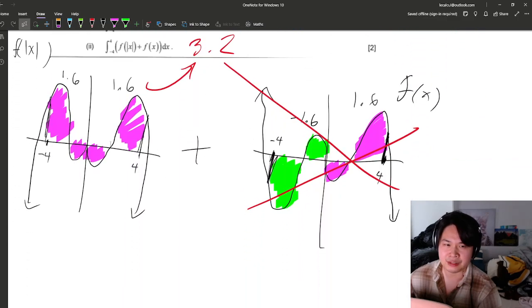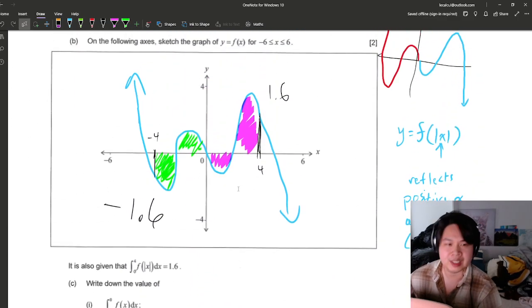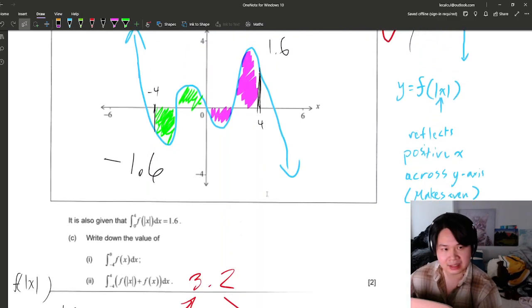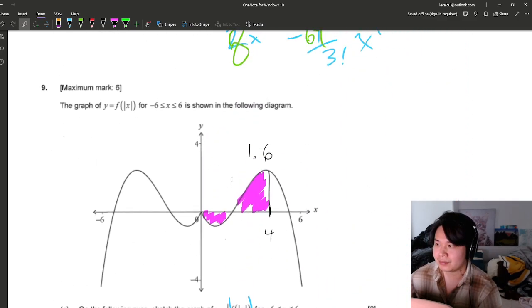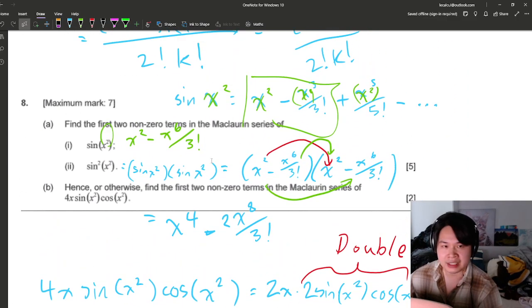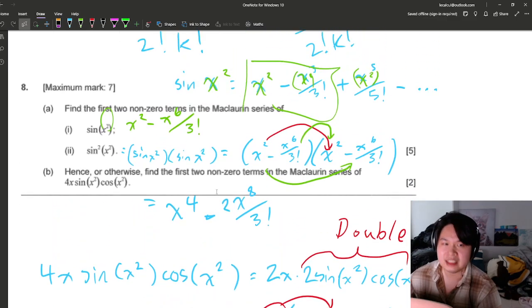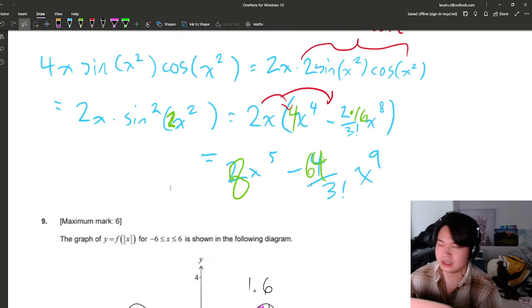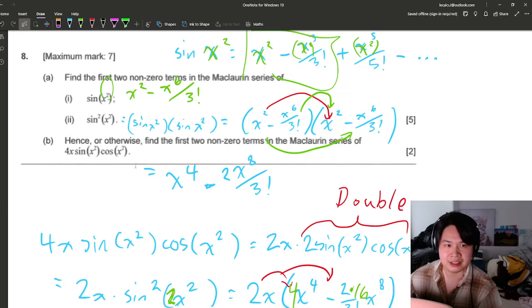Like I don't think you would find a lot of questions from former exams or the question bank that would be like this. I think it's a fun question though. This one as well is a little bit tough. I messed up on this right here, but it is a pretty standard Maclaurin series question up until this last one.